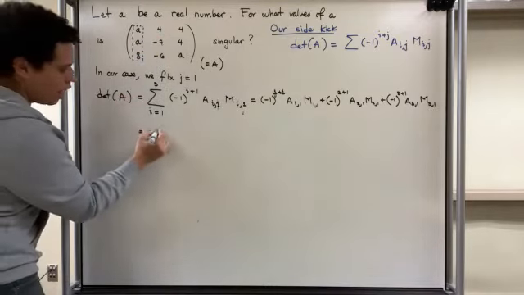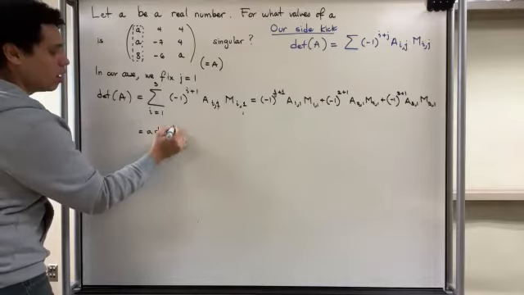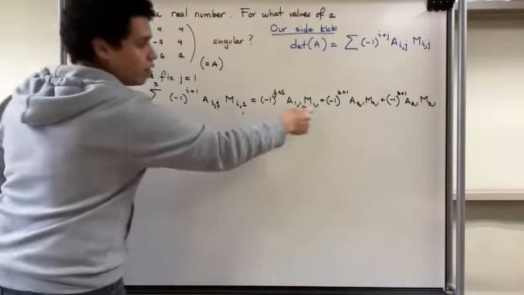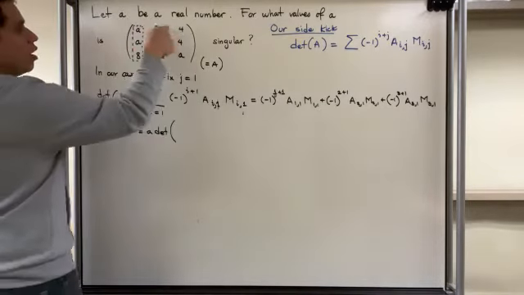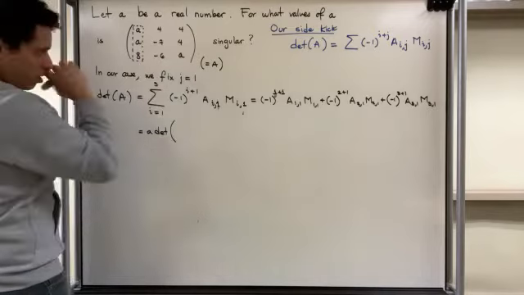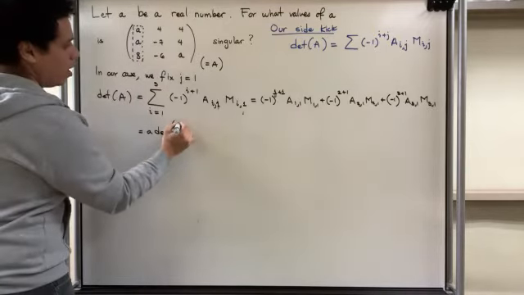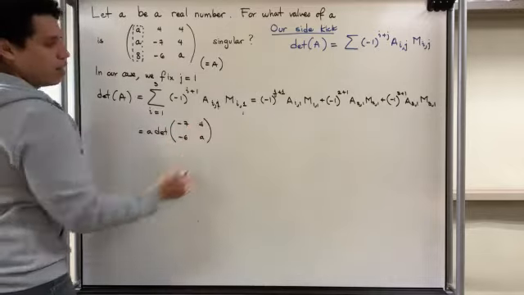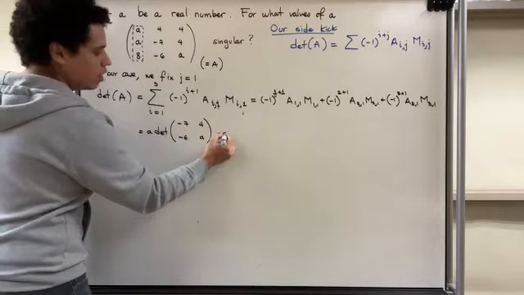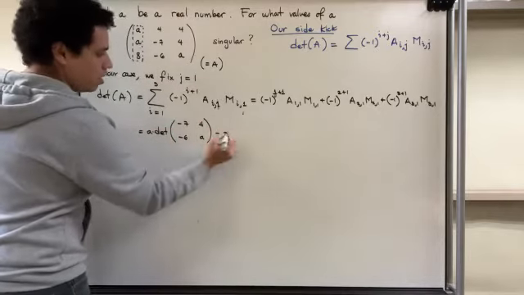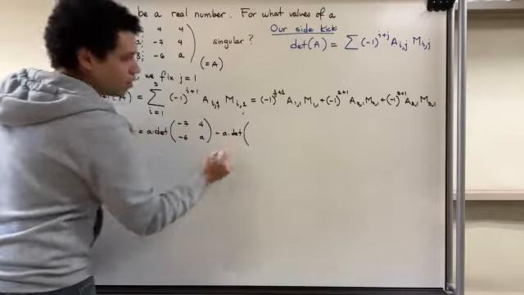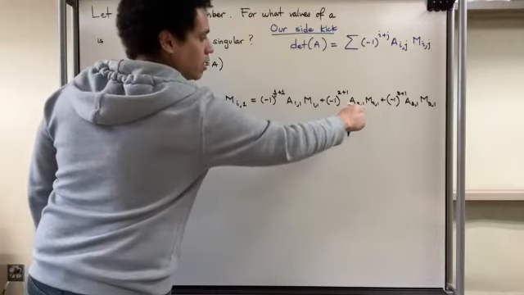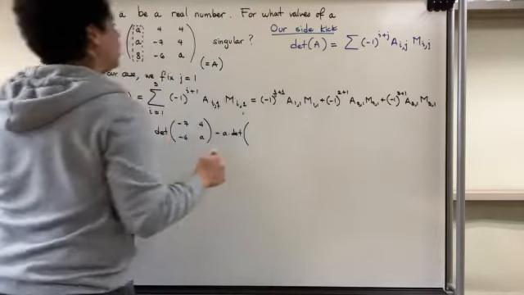Of course, we're going to simplify a few things, and this becomes a 1, and this becomes this entry. So I would write this as a times the determinant of, I'm going to remove from this matrix that I have here the first row and the first column, and I will get just the following: -7, 4, -6, a. Now, minus a times the determinant of the matrix that we get by removing the second row and the first column.